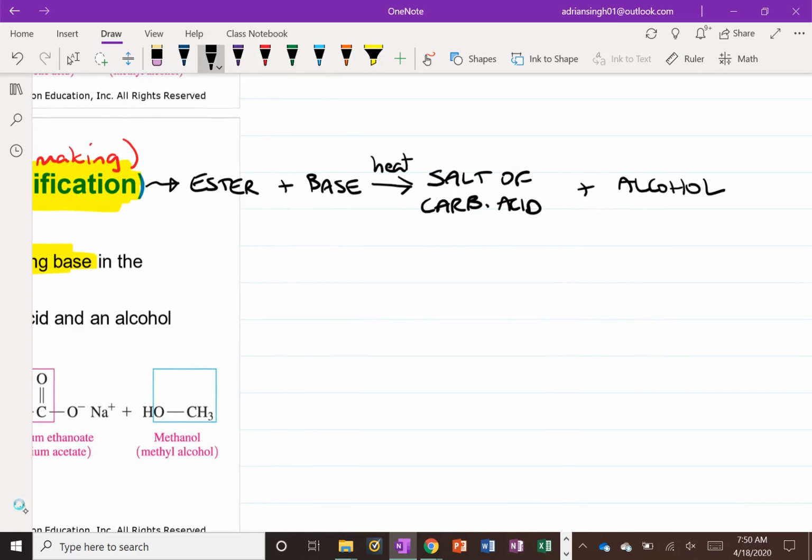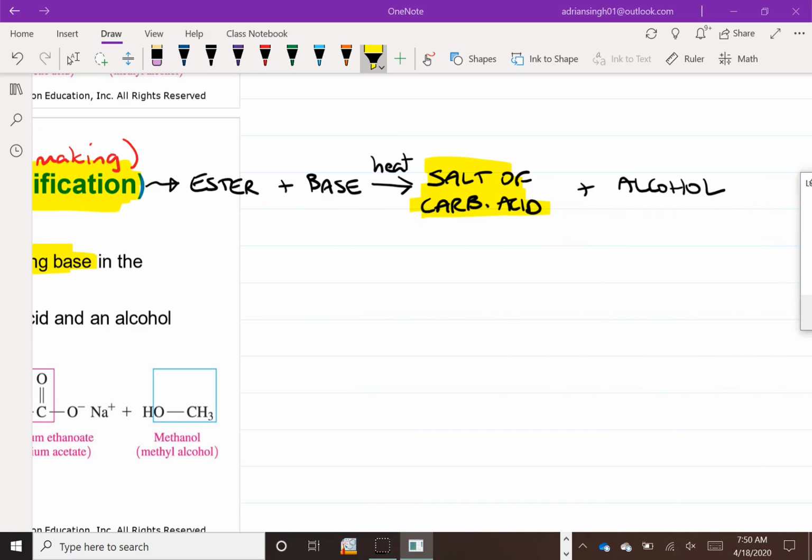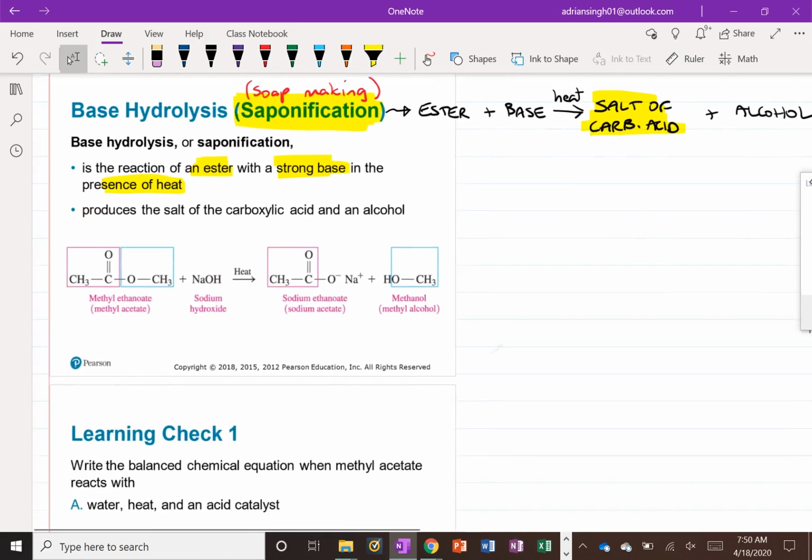The difference here in the products compared to the acid hydrolysis is this salt. Under acidic hydrolysis, we actually got the original carboxylic acid. Under basic conditions, we're going to get the salt of that carboxylic acid. We saw salts of carboxylic acids in the previous chapter.